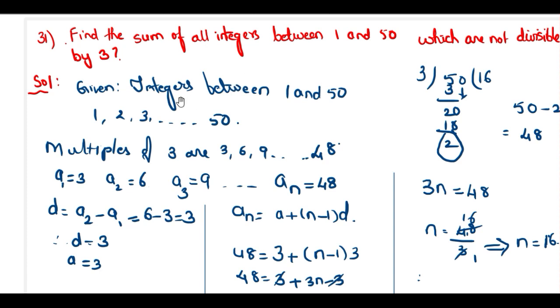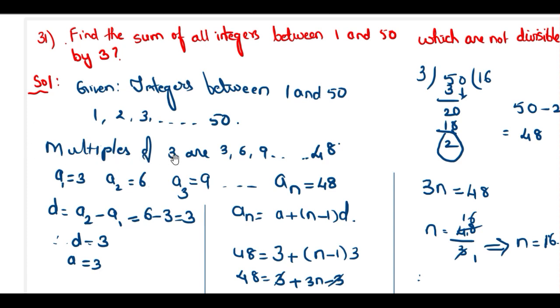The idea behind solving this problem is, first of all, we will find the sum of all the integers up to 50. Then from that we will subtract the sum of integers which are multiples of 3. That will give us the sum of all the integers which are not divisible by 3.